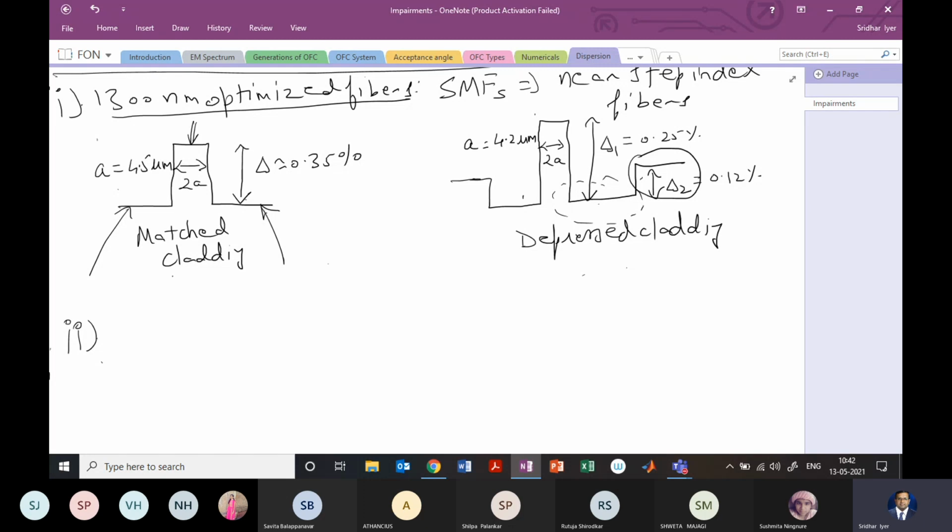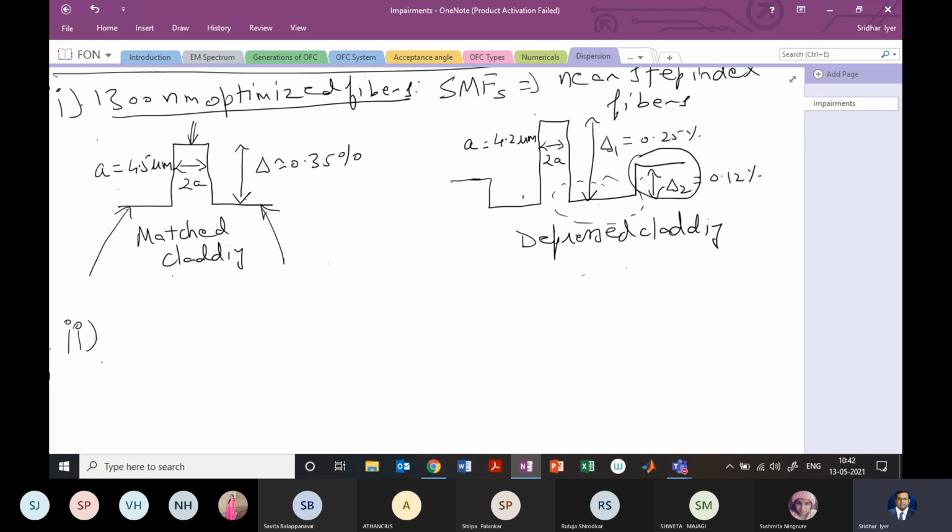so we have seen that material dispersion basically depends on the composition of the fiber, the material which is used. Whereas the waveguide dispersion, if you saw the equation which I had written, is a function of the core radius, the delta, which is the relative index difference, and the shape of the profile, right?